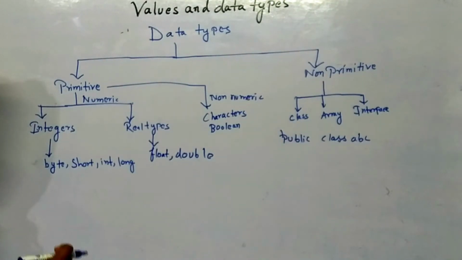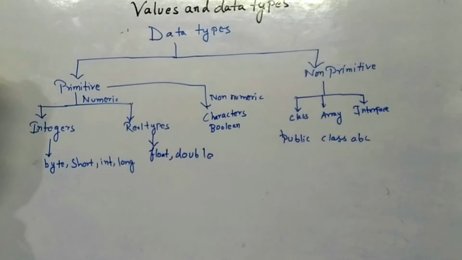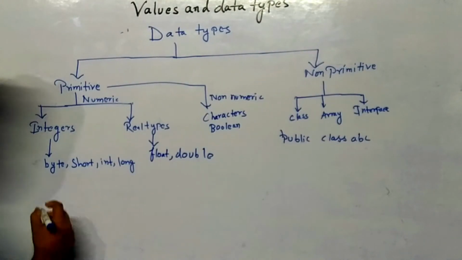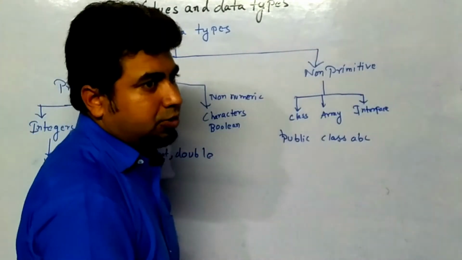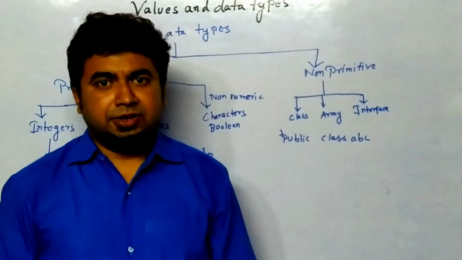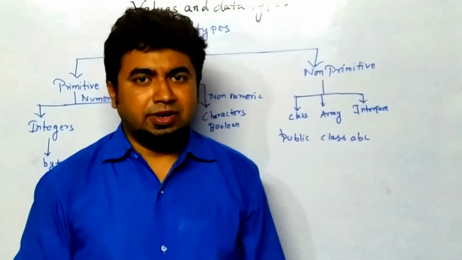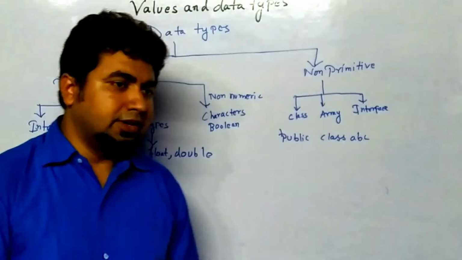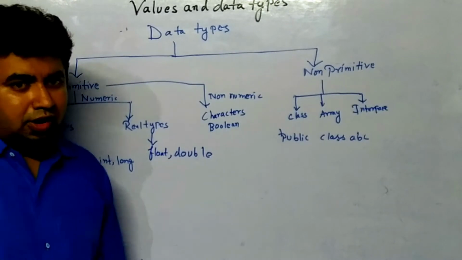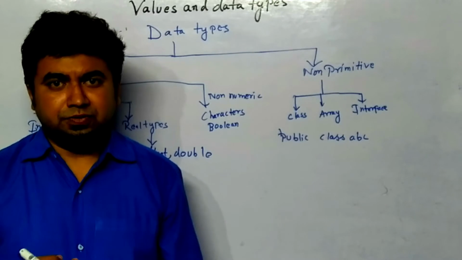You may wonder why I have written byte, short, int and long. Think of them as containers. If you want to put 1 liter of oil, you will need a 1 liter vessel. If you have 2 liters of oil, you will need a 2 liter vessel.